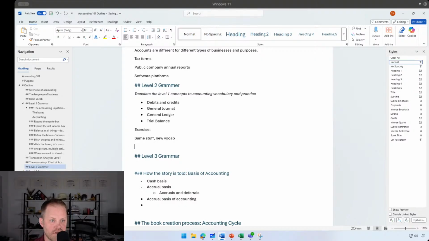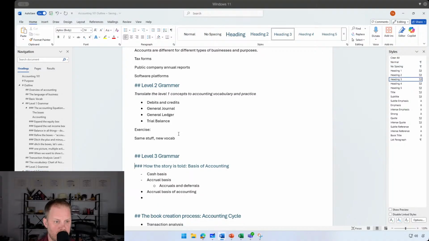All right, so then level 3 is where we'll get into how the story is told with the different basis of accounting.